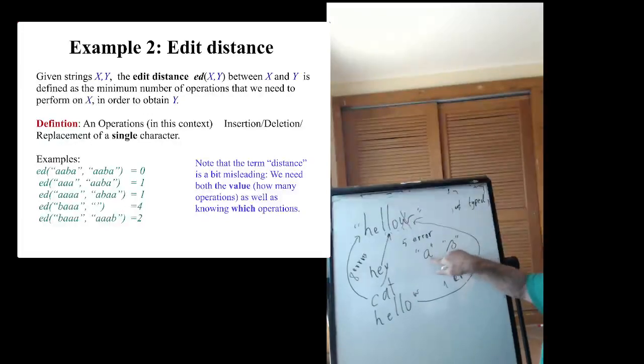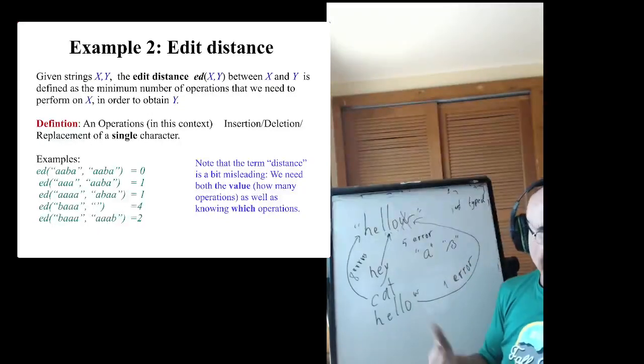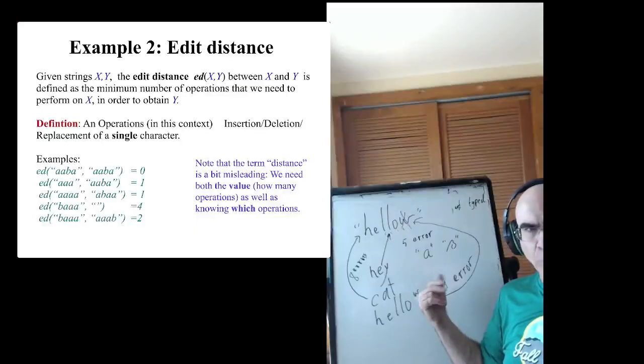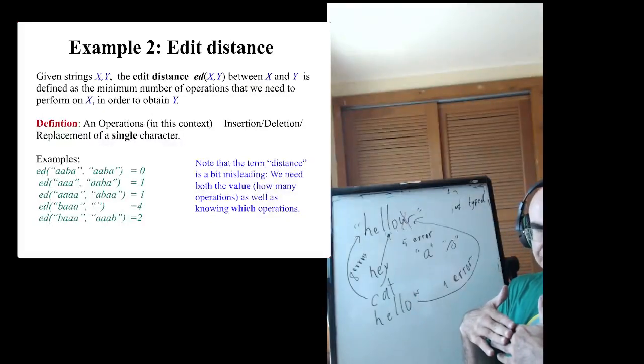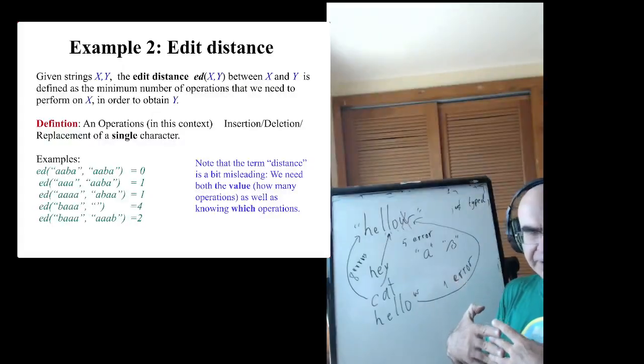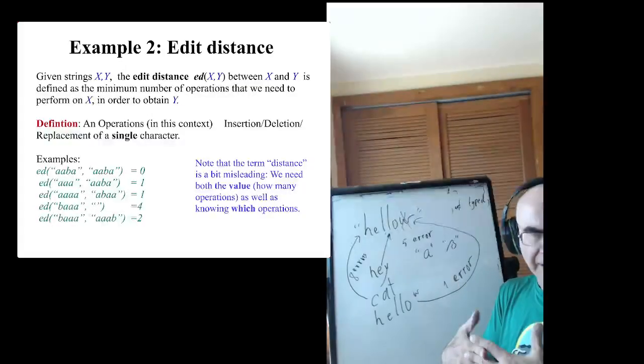Look at your keyboard, A and S are next to each other, so it's a more likely typing mistake versus A and G. So I can give different weights to each such error, or can ask about combinations of errors that tend to be together. It doesn't have to be one-to-one.